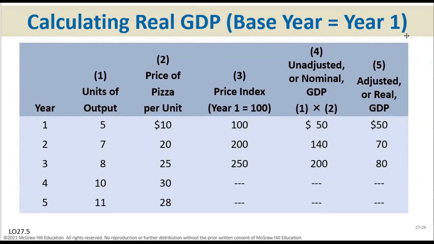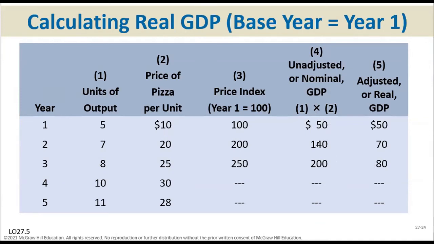And how you get an adjusted GDP or real GDP is the nominal GDP divided by the price index over 100. So you take this and divide by 100 over 100, which is divided by 1, right?